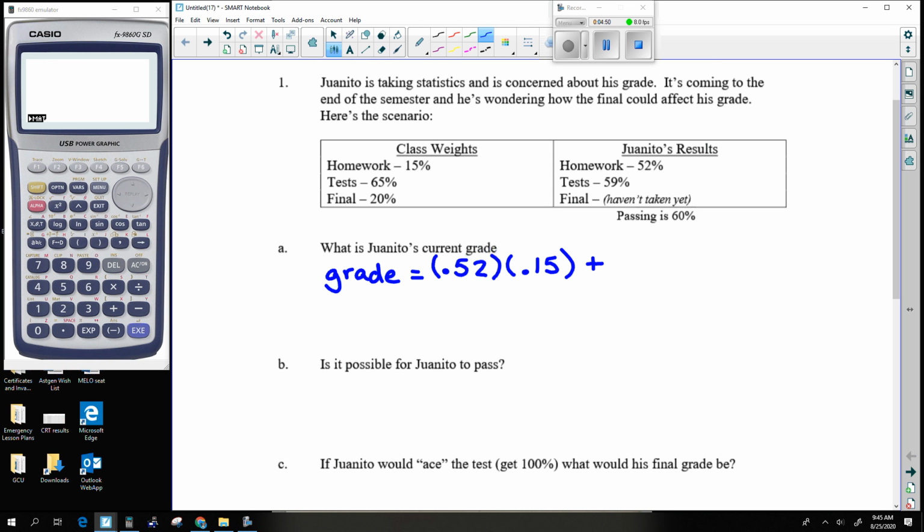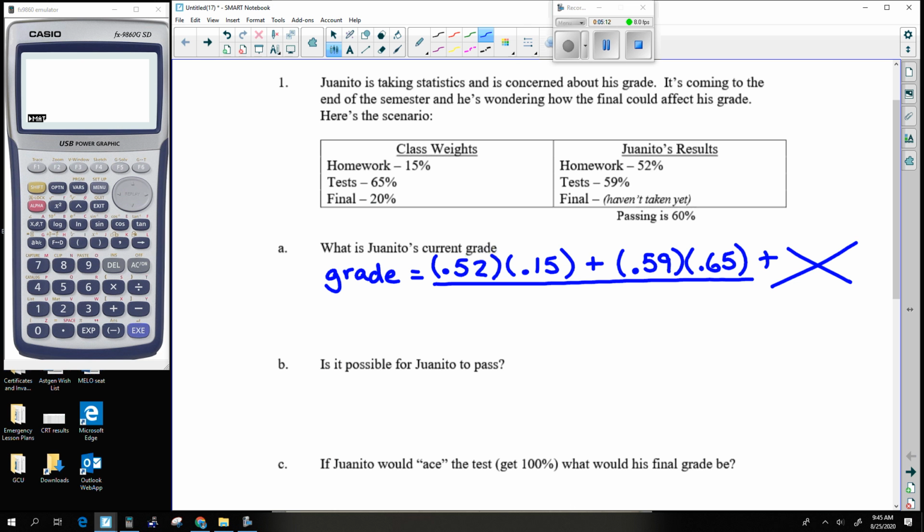Plus, let's add in the tests: his score times his weight. Notice how we would not add the final into this because we have not taken the final yet. So the final is not part of it.